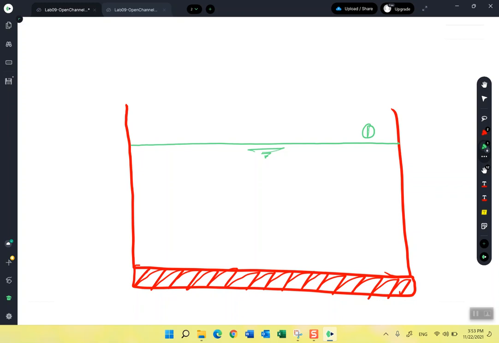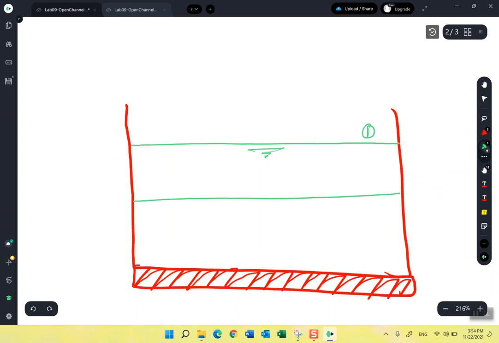So when you increase the slope, the gravity component will be higher, so the flow will be accelerated. This means when the velocity increases, what will happen to the area? It will decrease. And because we have a limited width, the water depth will decrease. And for the second trial, the water surface will look something like that.